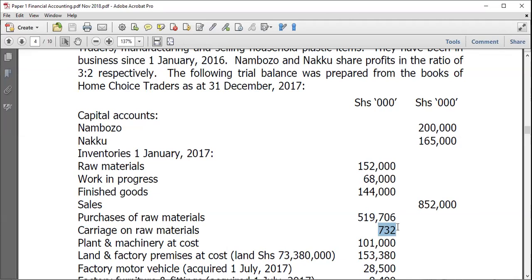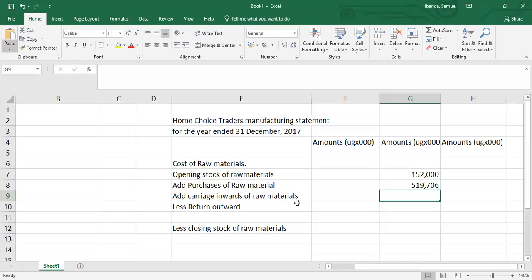Carriage is logistics, basically expenses that you incur in terms of transport of bringing your raw materials. So they are part of the value of your raw materials. And that is why we add them when we are trying to look at the cost of our raw materials. So I'll just come here and record and put that 52 there, the 732 there. Okay, I hope you're following.